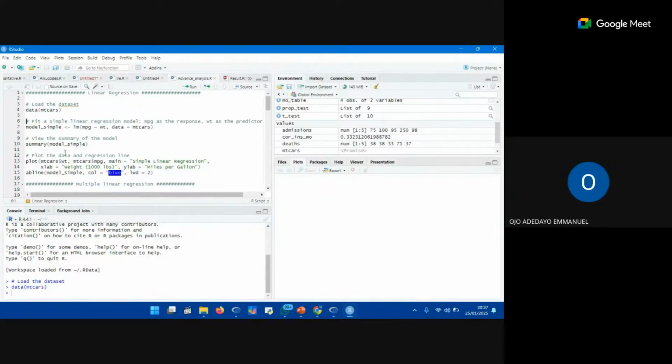So if I want to find the simple linear regression, we have the model for simple, then lm. lm is the function in R that we normally use to perform linear regression. It is called linear model, lm. By the time you put the lm here, the dependent variable comes first, which is the MPG. Then this symbol is called tilde. How do we get it?